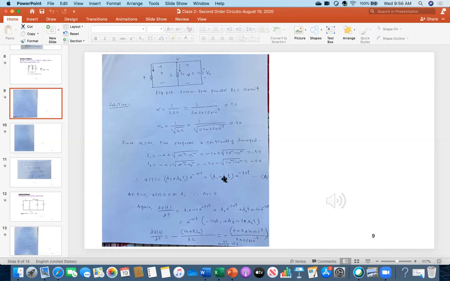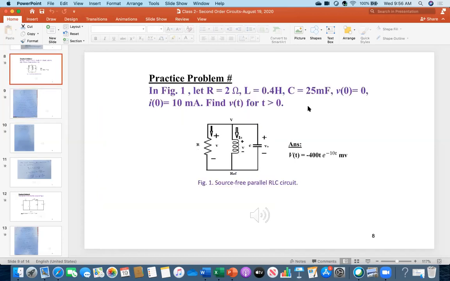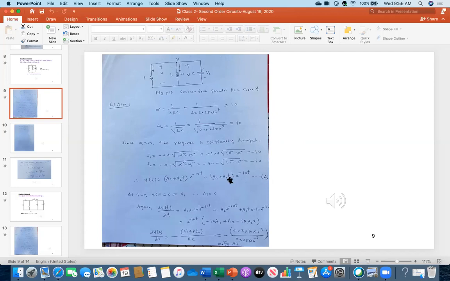Equation number A. And then you see the problem. In the problem, there are two initial conditions: V0 at 0 equal to 0, and I0 equal to 10. So we have to utilize these two. That's why in this equation, put t equal to 0.